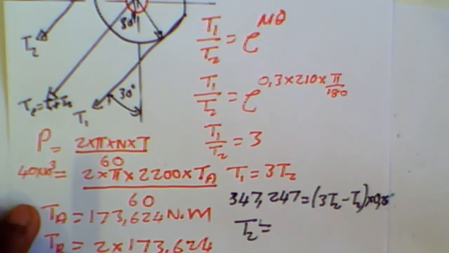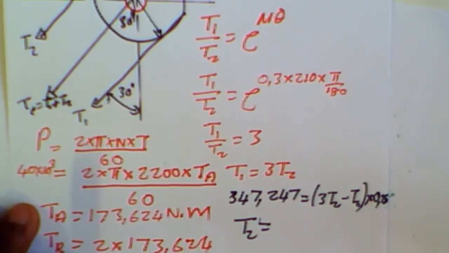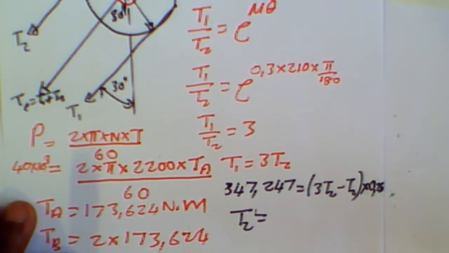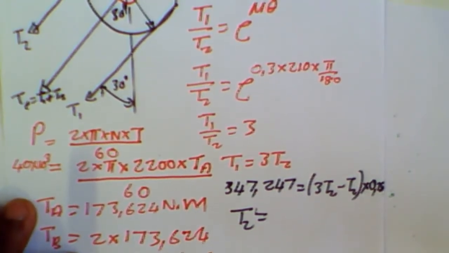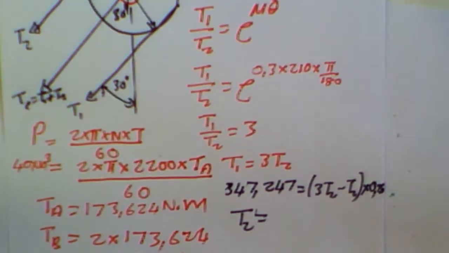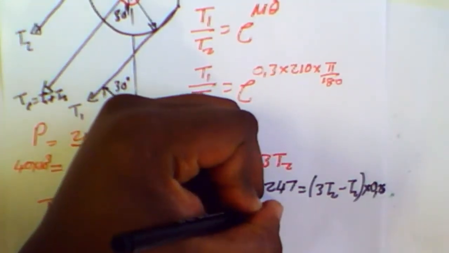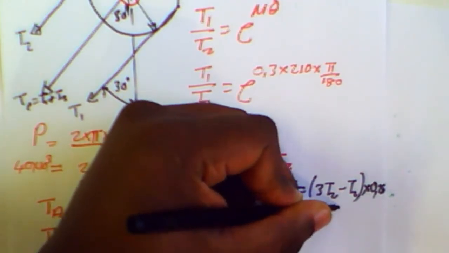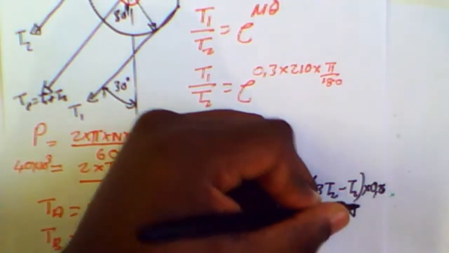Alright. So let's have a look here. It's 347,247 divided by 0.25, divide this by 2. So for my tension T2, I get 694,494 newtons.